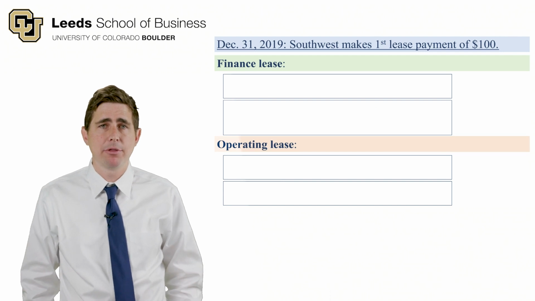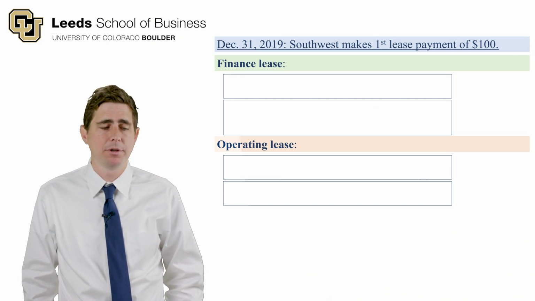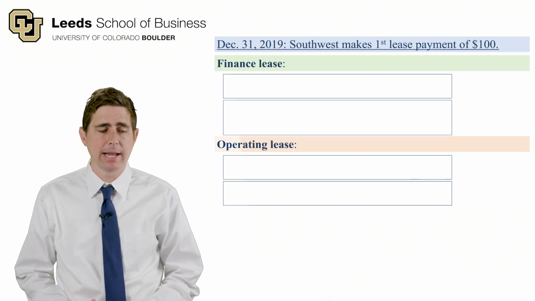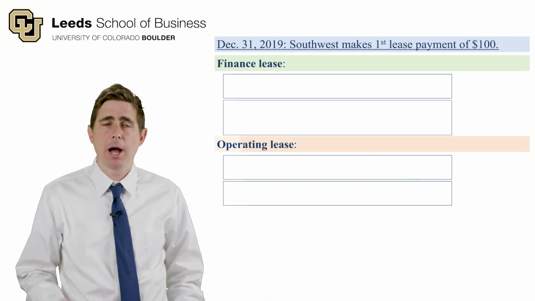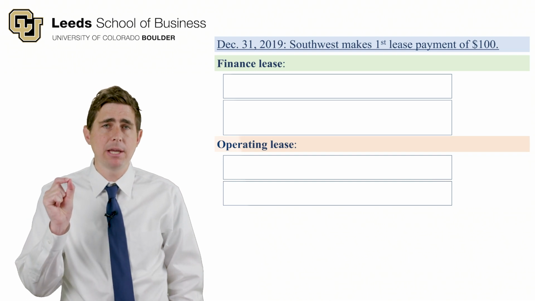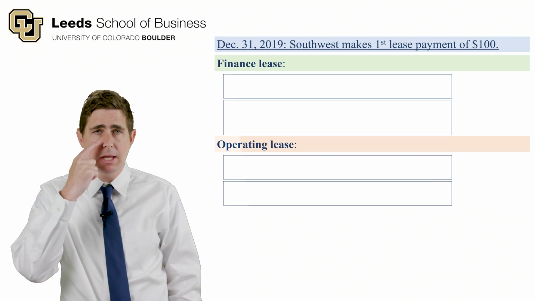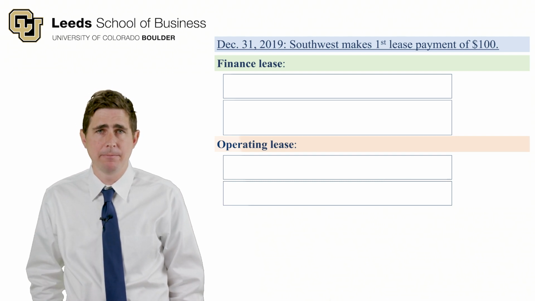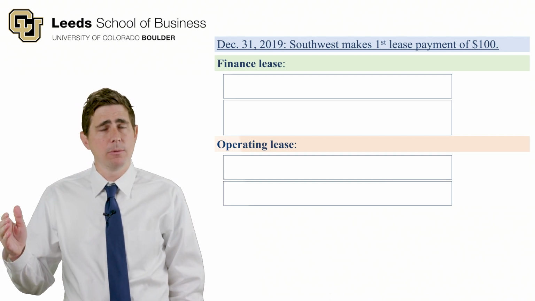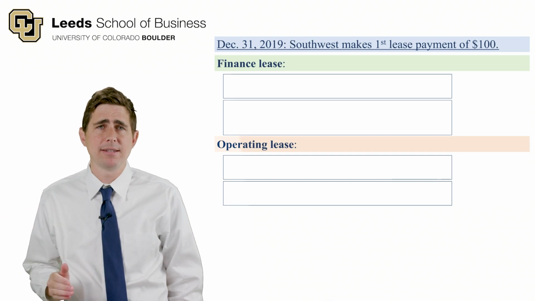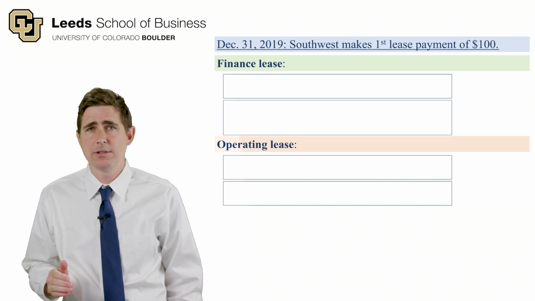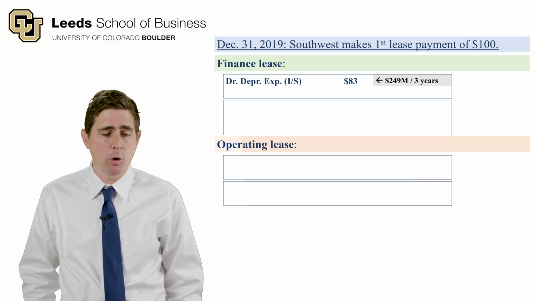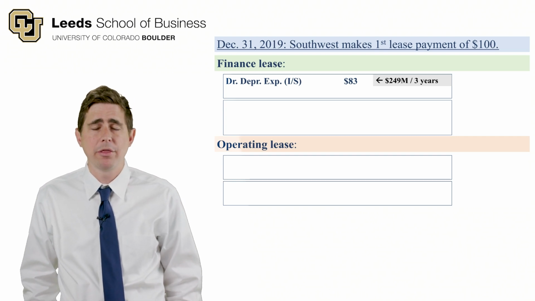Now let's go to December 31st, 2019. Southwest makes the first lease payment of $100. And first, let's talk about the finance lease. In this first box, we're going to talk about the PP&E. What are we going to do with the asset that we created? We created a $249 asset. It's a 3-year lease term. We're going to straight line depreciate that asset to 0 over the 3-year lease term. And so we record depreciation expense equal to 1/3 of the value of that asset, which is $83.